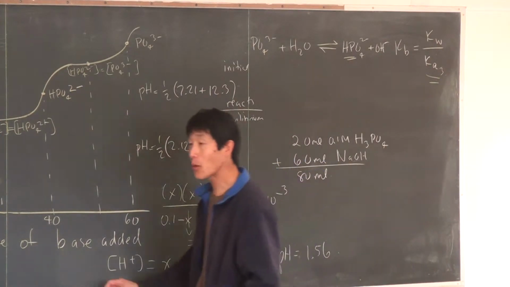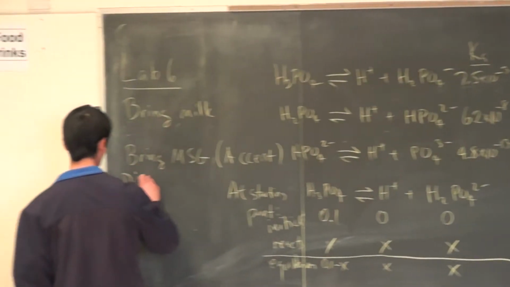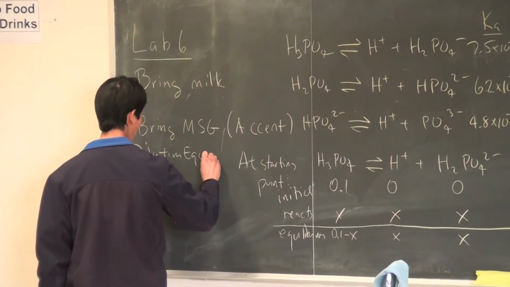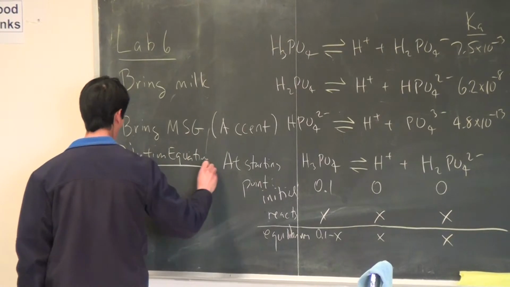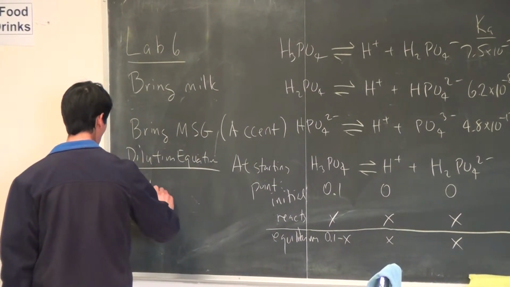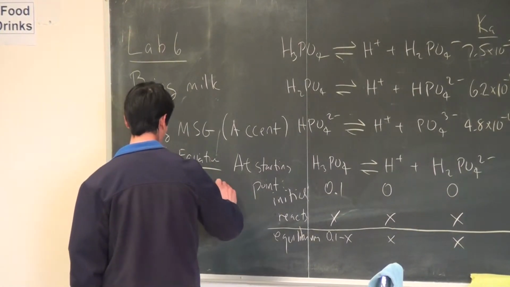So to do that, note that a dilution is occurring here. So we've got to use our dilution equation. So in our dilution equation, okay, we have C original times V original equals C diluted times V diluted.